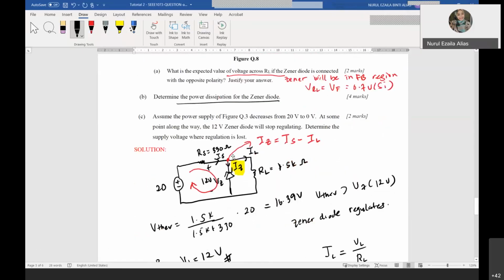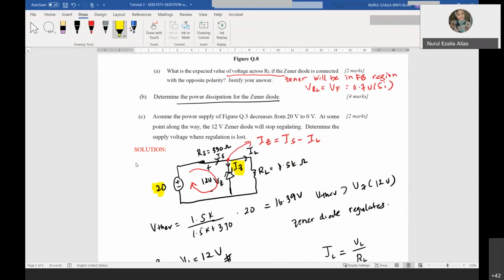For the C part, assume that the power supply voltage is now 0 volt. At some point along the way, the 12 volt diode will stop regulating.